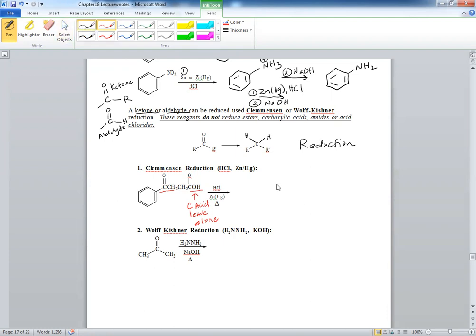So therefore, our product will be, you just get rid of the carbonyl and substitute that with H's. You will get, notice how I put them on there, CH2, CH2, COOH.